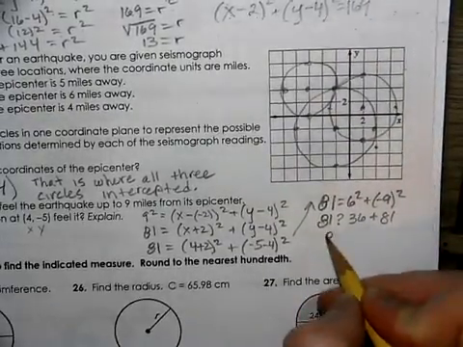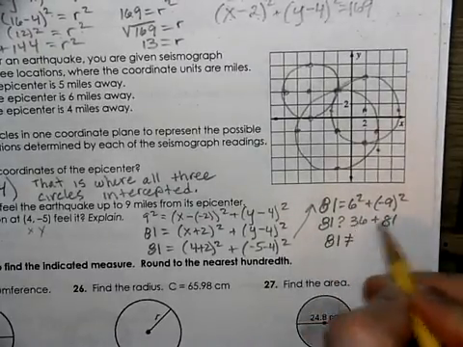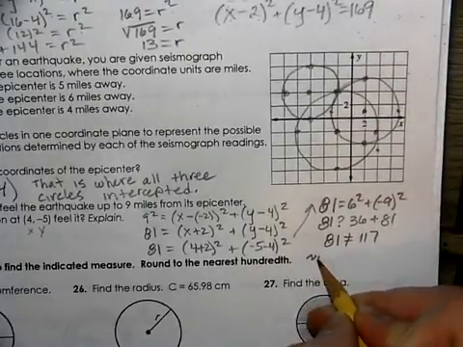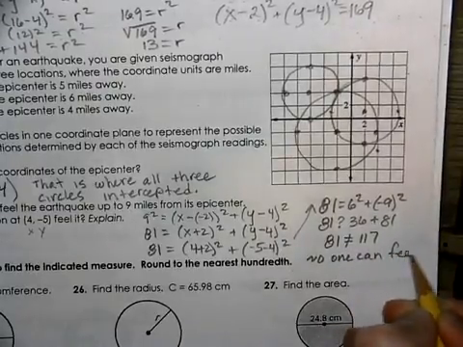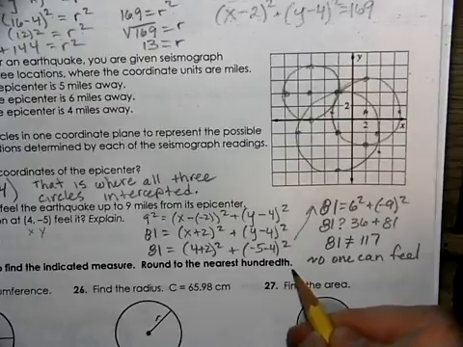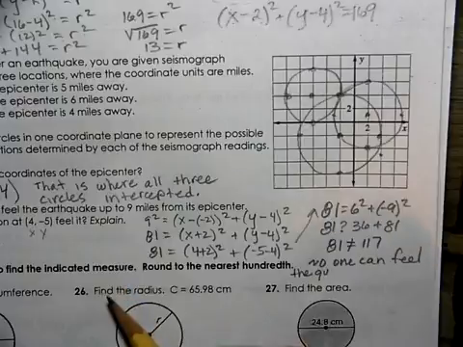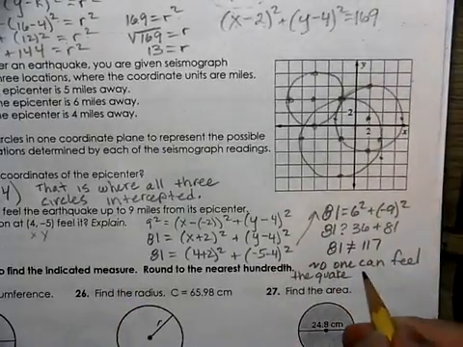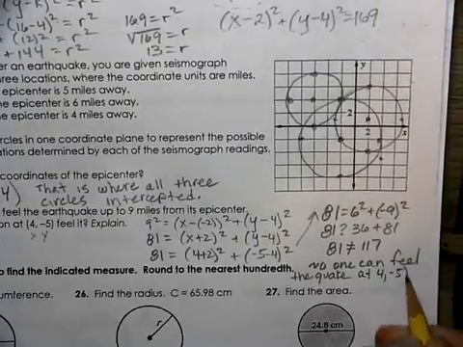Well, of course not. 81 does not equal 117. So no one can feel our earthquake at (4, negative 5).